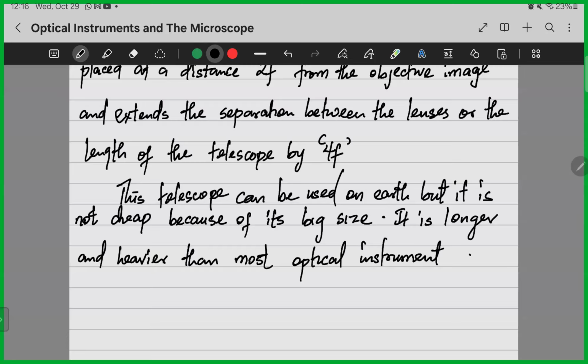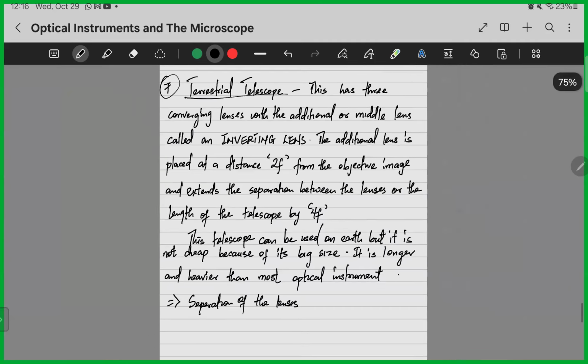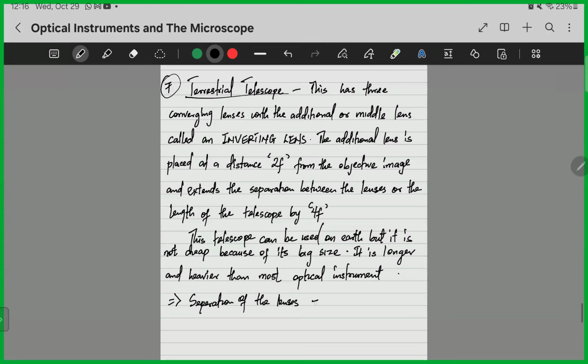Then before we move to the next optical instrument, I'd love to talk about the fact that when you are asked about the separation of the lenses in the case of the terrestrial telescope, the separation of the lenses is given by the formula FO plus FE plus 4F.